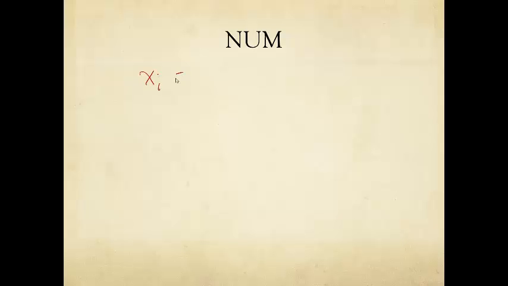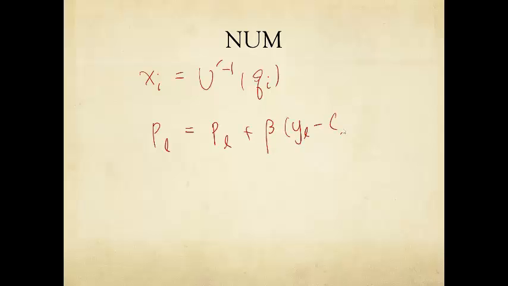The algorithm says that Xi equals U prime inverse of Qi, and Pl equals the current Pl plus a step size times Yl minus Cl, and this whole thing must be non-negative.